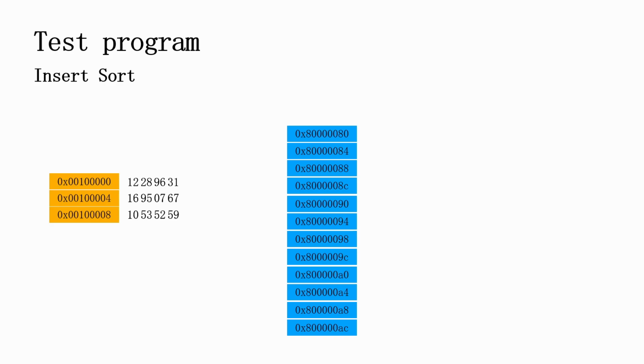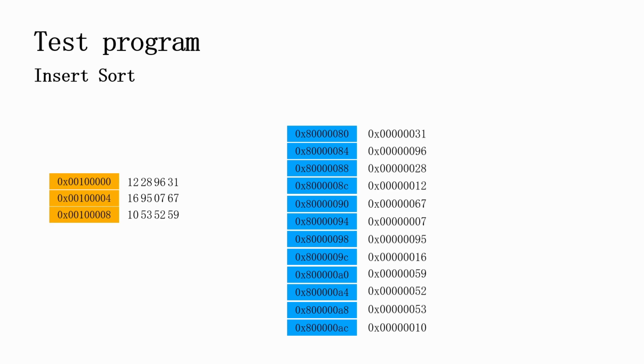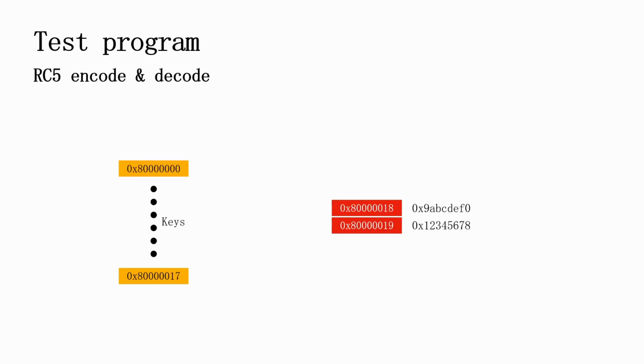We test our design by two programs. First is the insert sort program. Since we have stored our n numbers in memory, we break them into 12 numbers and save them in the memory. And then we do the insert sort. Another program is RC5.